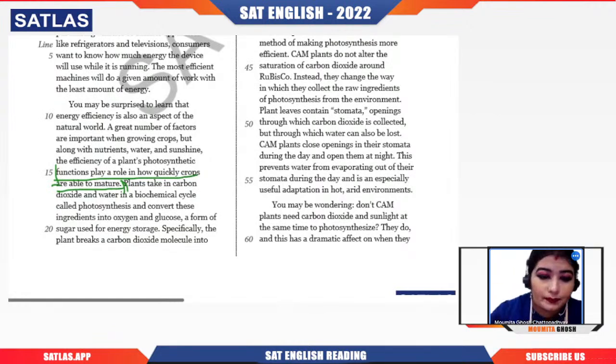Rubisco is a very important enzyme. An enzyme is used in a particular chemical or natural process in order to speed up the process. Rubisco speeds up the process to 20% of the original speed of photosynthesis.